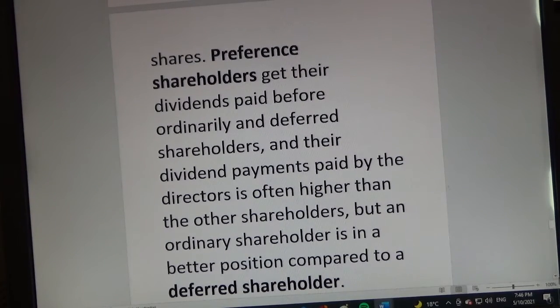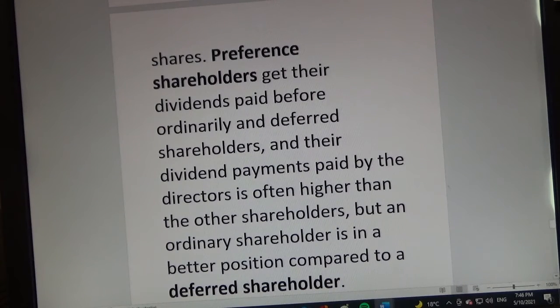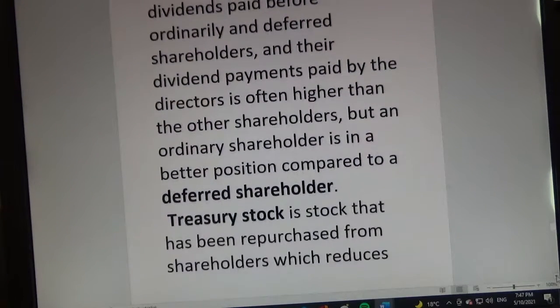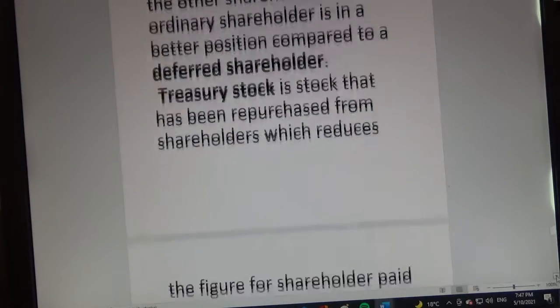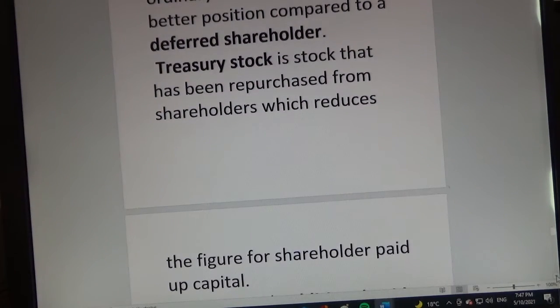So getting back to preference shareholders, their dividends are often higher than the ordinary shareholders and the deferred shareholders. But when you compare ordinary shareholders against deferred shareholders, they're in a bit better position because they're paid their dividends first as well.